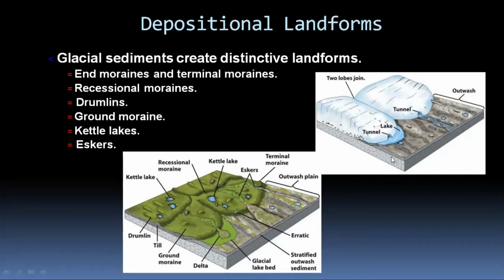You can see here a glacier, and there is a tunnel inside the glacier, and as a result of melting of this glacier due to rise in temperature, the tunnel is formed and the material comes in at the bottom of the glacier, starting to come in this direction, and when the glacier melts, the channel that was formed will take the shape of an esker. These are some of the terminologies. We will see each terminology in detail.